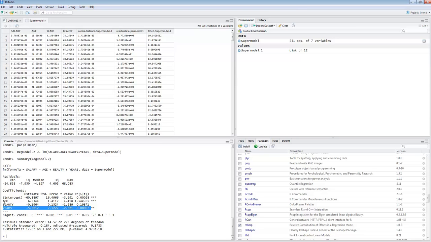We saw that these were above the generally accepted range of 1 through 10, and so they would be problematic.